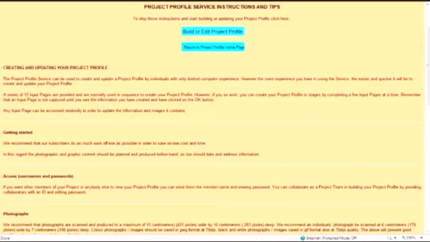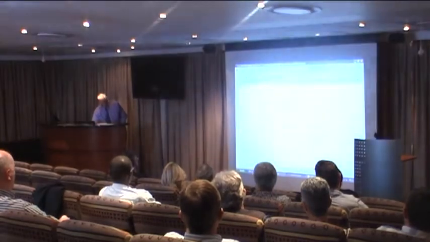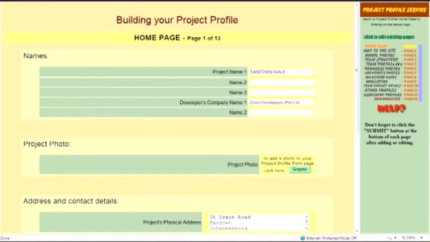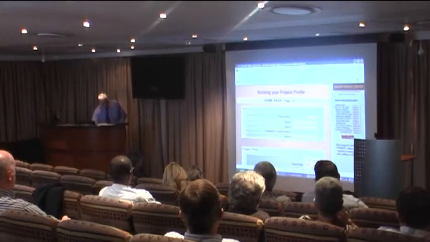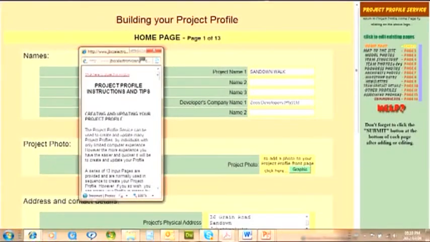There are instructions here as to how to use it. It is very simple. So if I want to build a database, a project profile, it's very simple to do. There are the various facilities within the service, and here's how I do it. So the project name, who the developer is, whose cell phone is it?